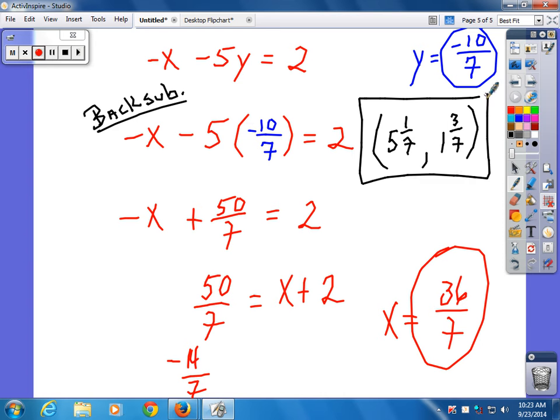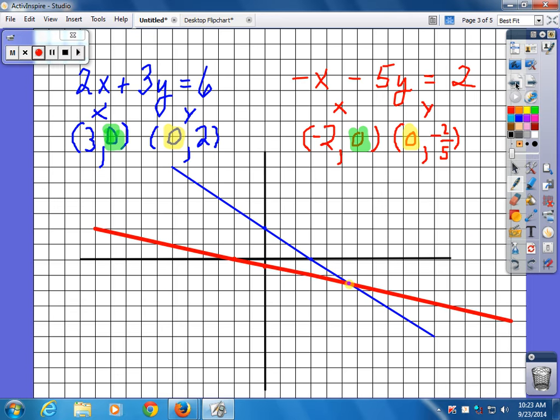That is the solution. Now you look back at your graph. 1, 2, 3, 4, 5. And I said 5.5. What did I say? 5.5 and what?